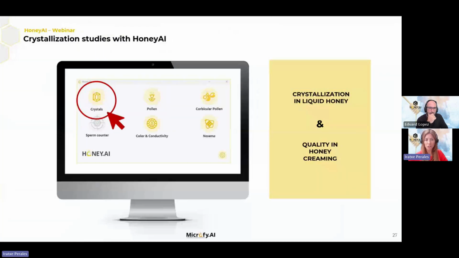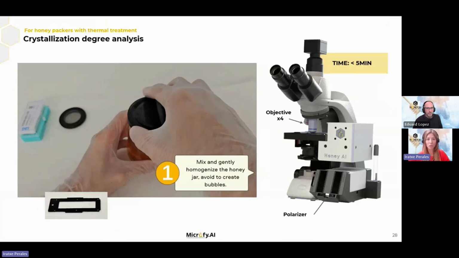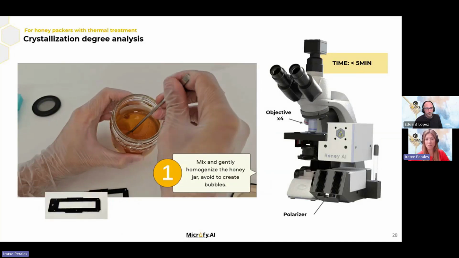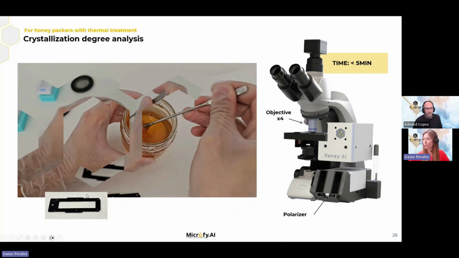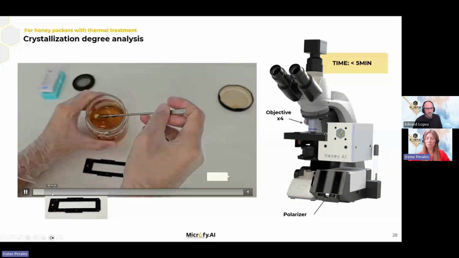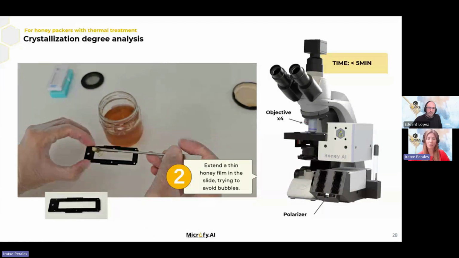For crystallization, this is for honey packers, for those honey packers that are doing thermal treatment. If you are pasteurizing your honey and you want to be sure that the pasteurizing was okay, this is the custom slide that we use. I have included here a very fast video of how you have to prepare the sample.